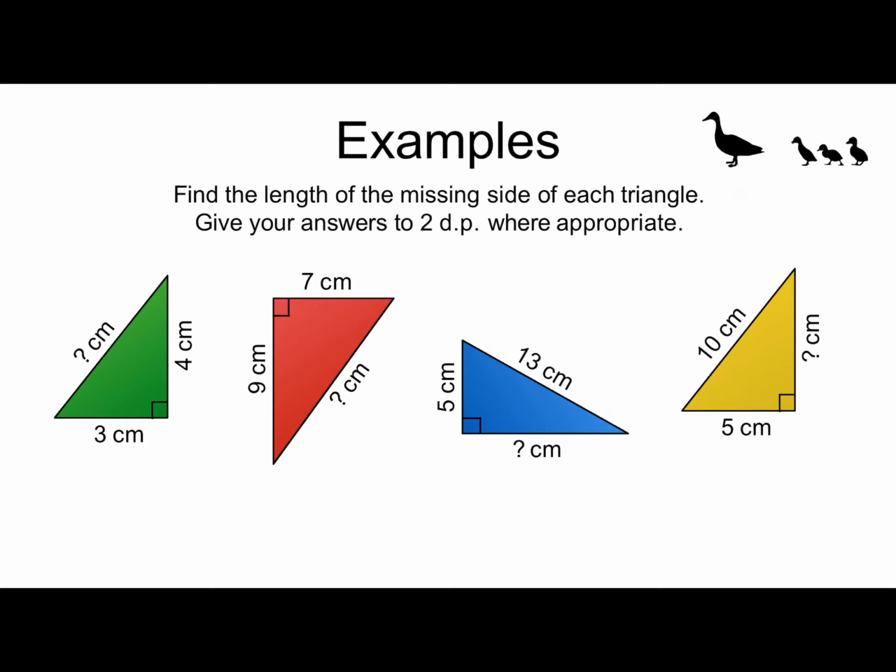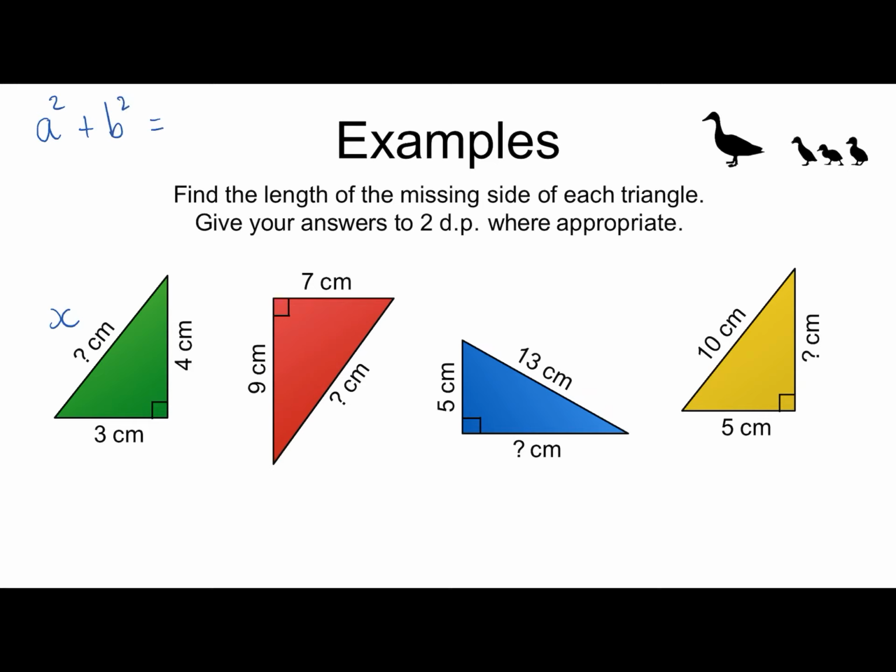Okay, let's look at this green triangle on the left. Now what we know is that we've got a right angled triangle. One of the small lengths is 3 and one of the small lengths is 4, and we don't know the longer length. So I'm going to call the longer length x, okay? Now, we always have the equation for Pythagoras' theorem.